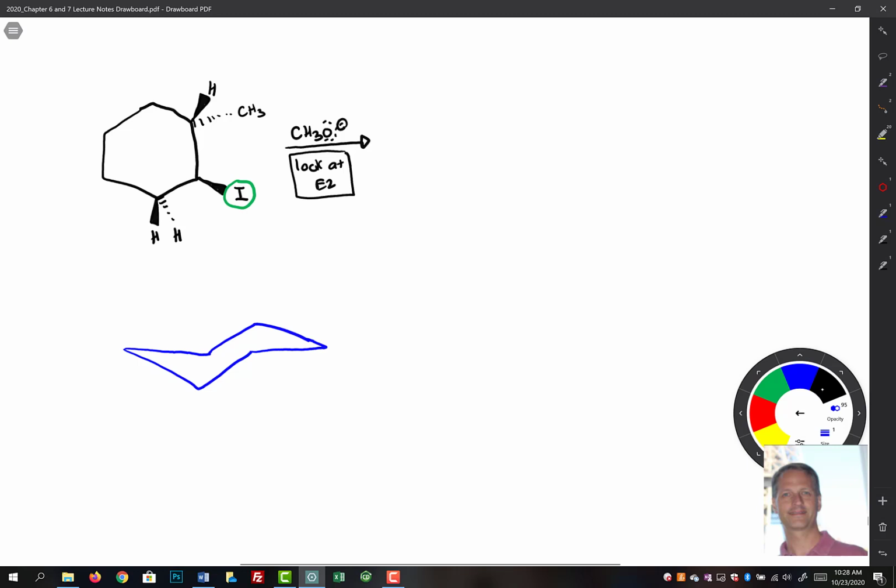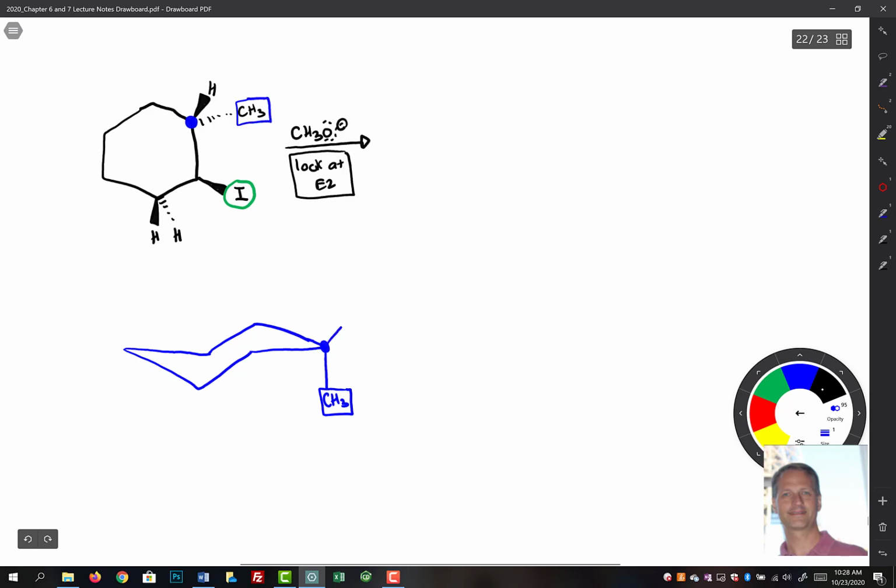And for the sake of making this a little easier, I want to take that blue position right there, and I want that to be right here. And I'm going to rotate it on its side, and put it in an orientation that puts my CH3 group pointing down right here. So that's where this is.